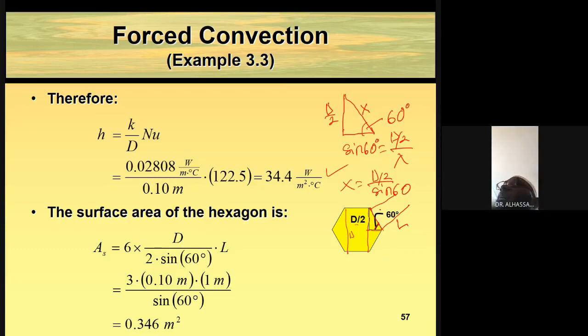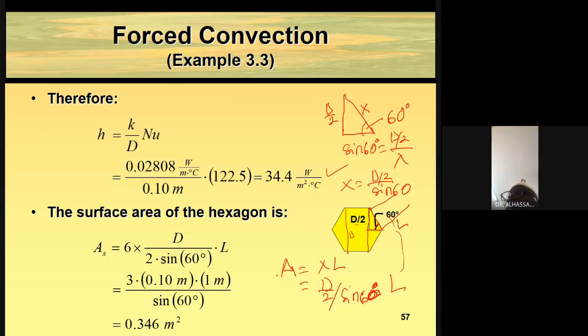So it means one surface area is going to give us x times L. That gives me D divided by 2 all over sine 60 degrees, times L. But this constitutes only one face, so we need to multiply this by 6 in order to find the total surface area.